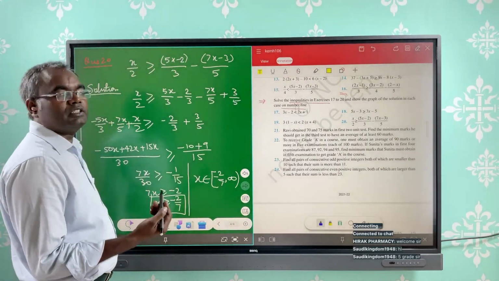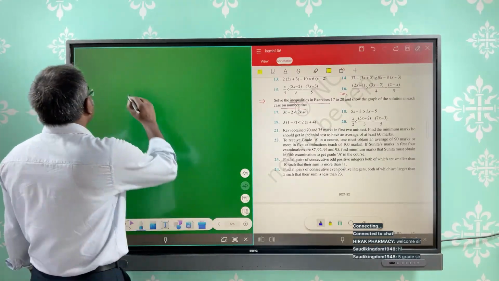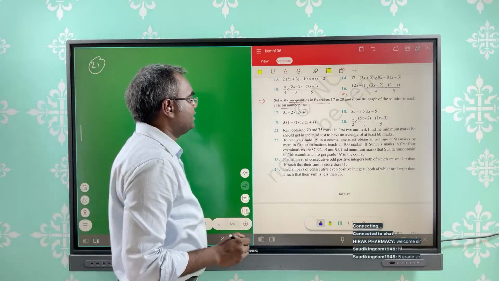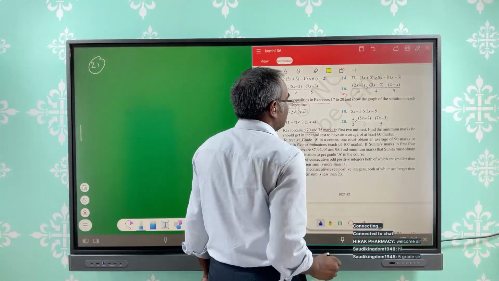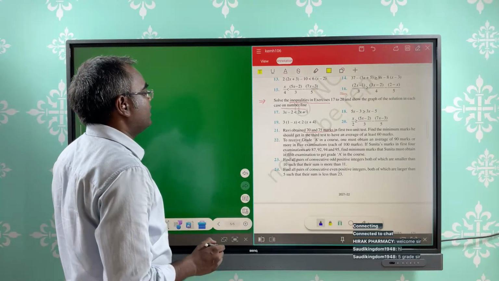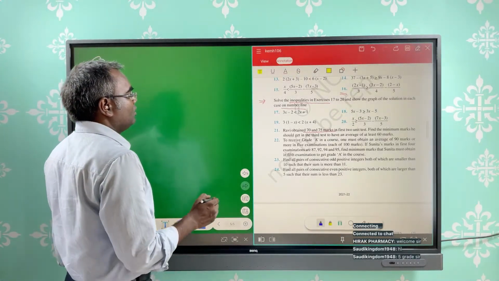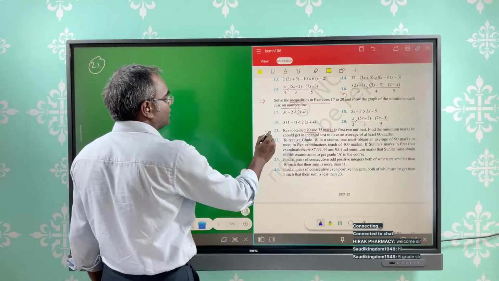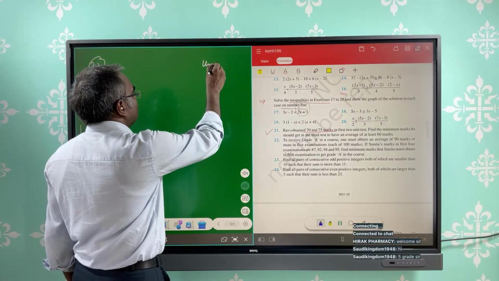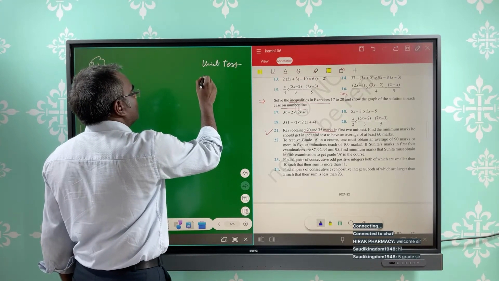Now I will proceed to the solution for question number 21. Ravi obtained 70 and 75 marks in the first two unit tests. Find the minimum marks he should get in the third test to have an average of at least 60 marks. Similar problems we have already done in the examples.